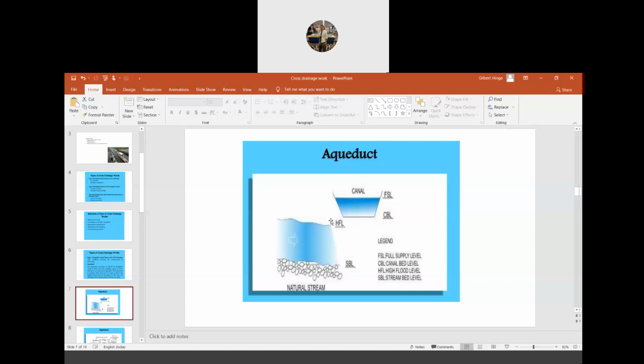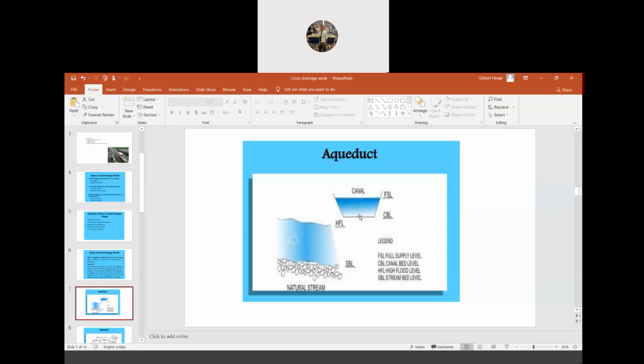On top of that, we construct a canal whereby the bed of this canal is well above the highest flood level. That means there is a huge gap between the highest flood level of a river and the bed level of the canal. So this kind of structure is called an aqueduct.